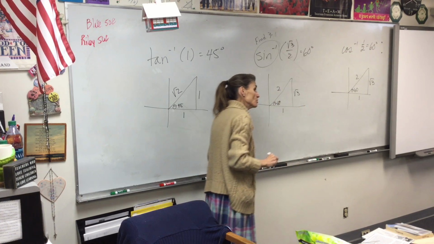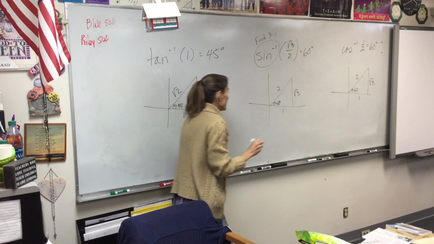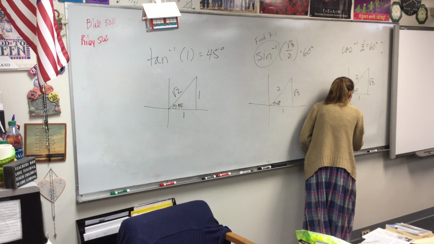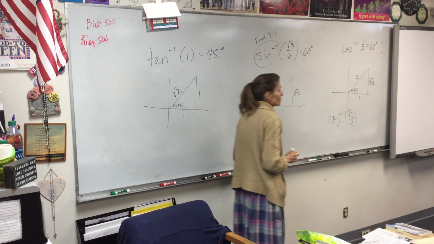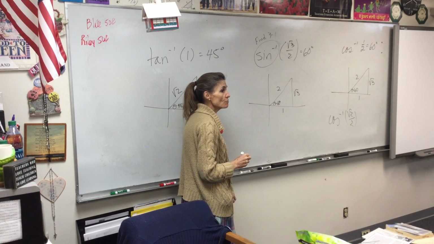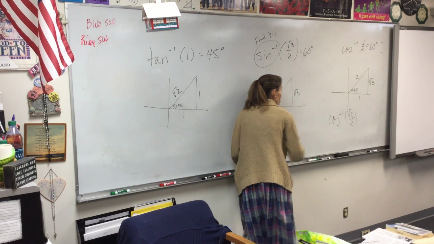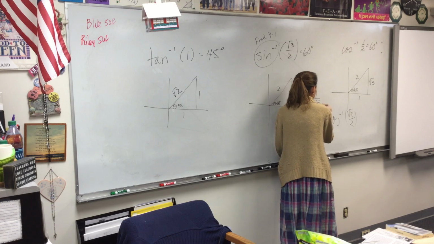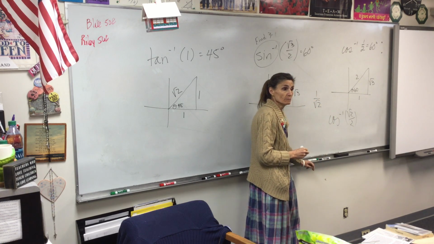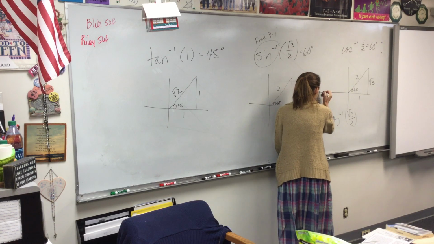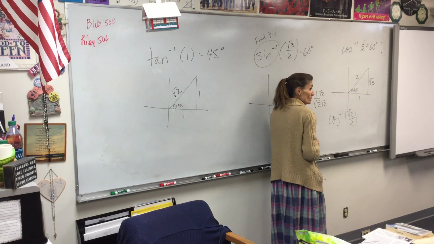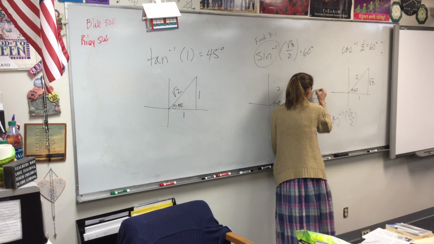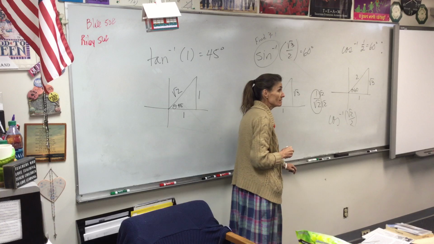Now I do have one caution for you. Sometimes you'll see this. Understand that root 2 over 2 is the rationalized version of 1 over root 2. If I rationalize this, I would get root 2 over 2. But in terms of your triangle, it might be easier for you to think of it like this.